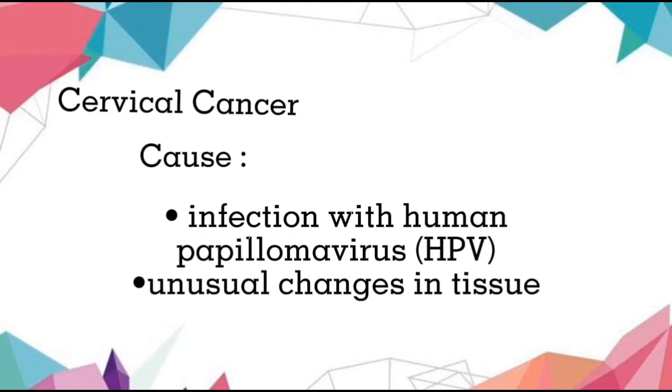Most cases are linked to infections with HPV, which is preventable with a vaccine. Different types of HPV can cause skin warts, genital warts, and other skin disorders. Others are linked to cancers involving the vulva, vagina, penis, anus, tongue, and tonsils.